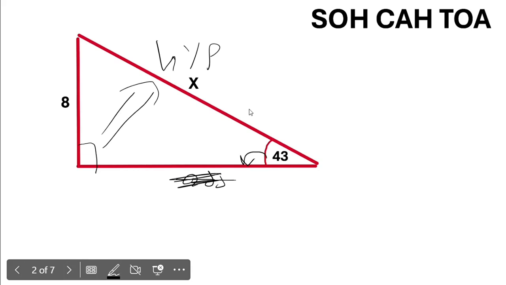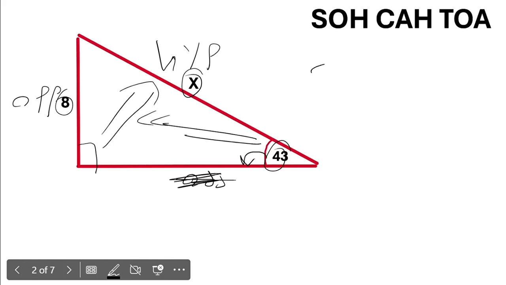The side opposite angle 43 is called opposite. Now here we have opposite and hypotenuse and the angle 43. We use SOH. Now sine 43 equals opposite is 8 and hypotenuse is unknown x.